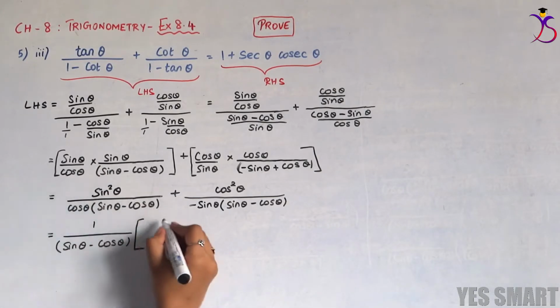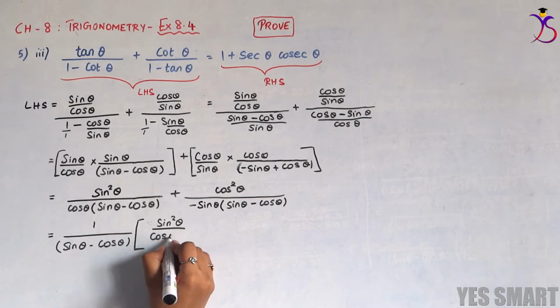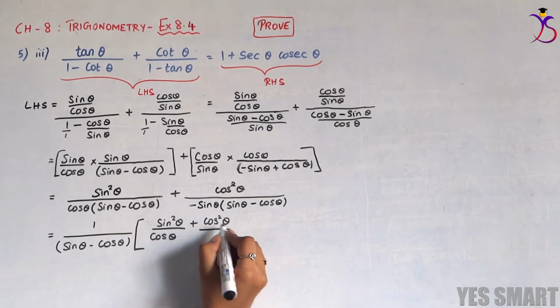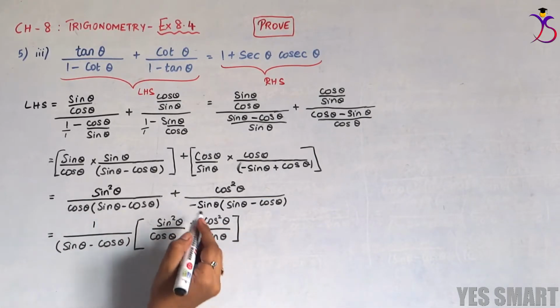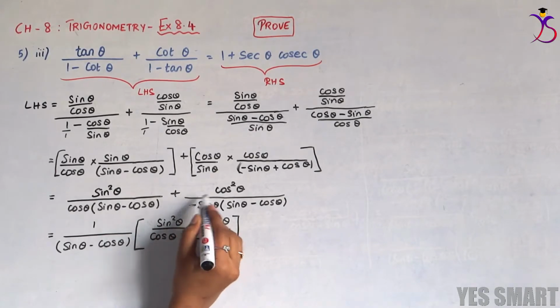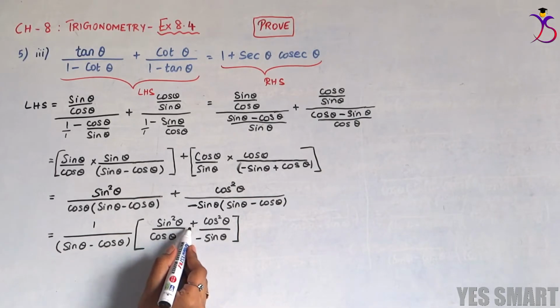Therefore inside the bracket we will have sin square theta by cos theta plus cos square theta by minus sin theta by sin theta. So this minus will be here. Now we will plan to bring this minus to the numerator of that fraction.